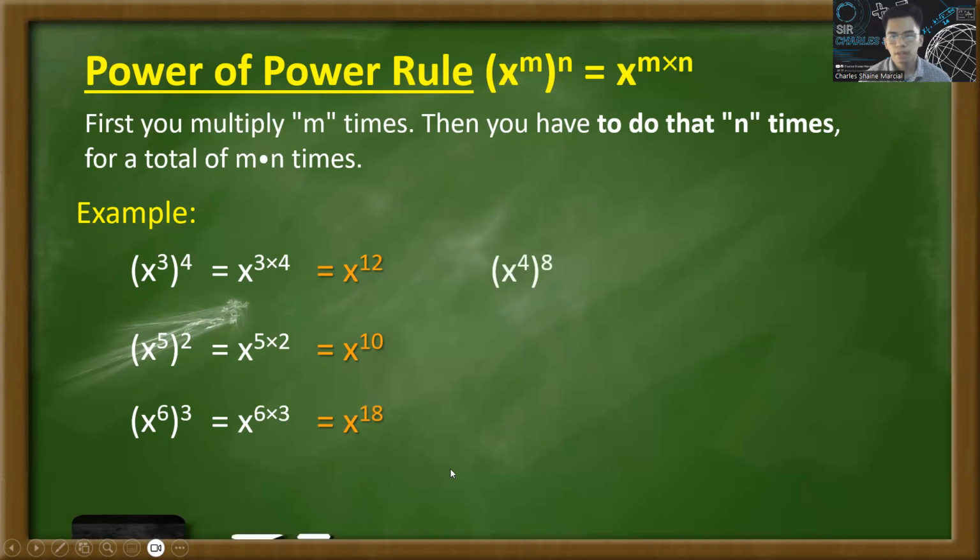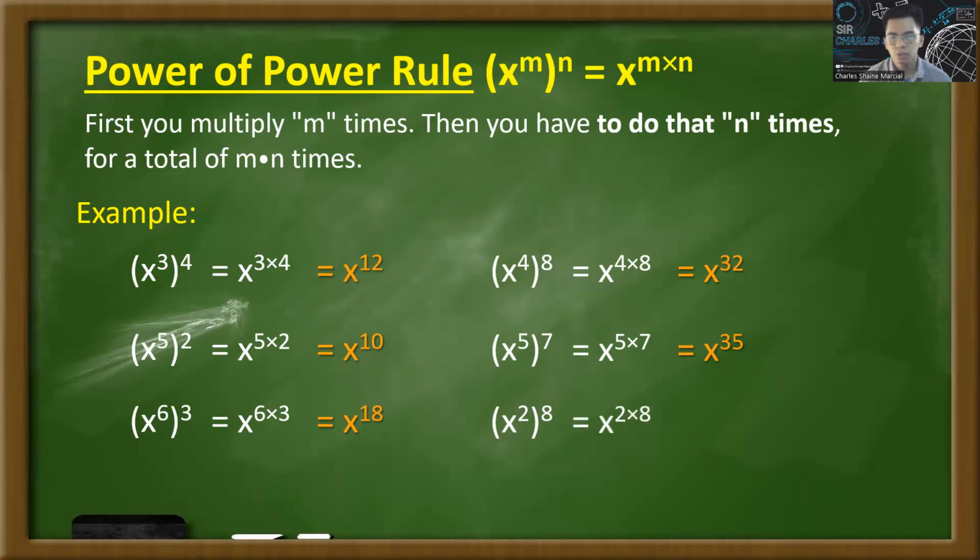x raised to 4 quantity raised to 8. The answer is 4 times 8, that is equal to 32. So the answer is x to the power of 32. The quantity of x raised to 5 raised to 7. Multiply 5 times 7. The answer is x raised to 35. Okay? x squared raised to 8.